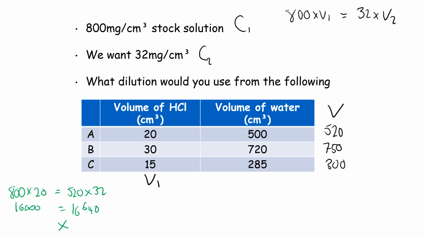So no. Our next one, option B. 800 multiplied by 30. Does that equal 750 multiplied by 32? 800 multiplied by 30 is 24,000.